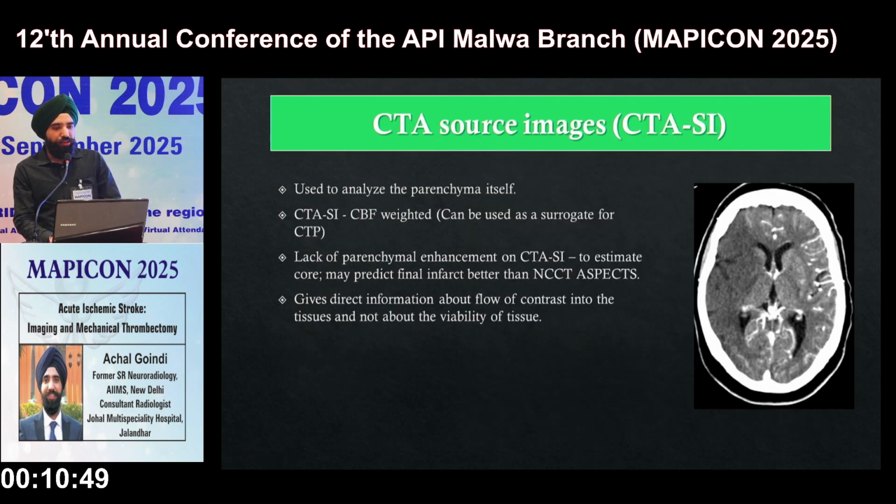CT angiography source images, again, as we can see in this particular image, the contralateral side has good perfusion, whereas the infarcted area, we can see that there is no perfusion whatsoever. So this is one of the important advantages of doing a single-phase CT angiography.